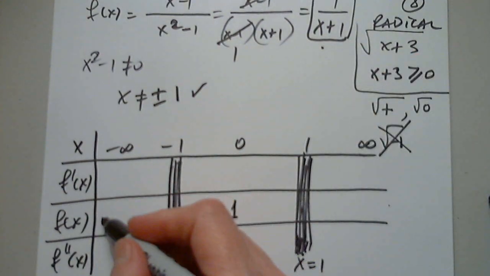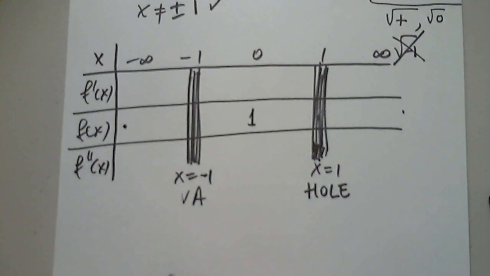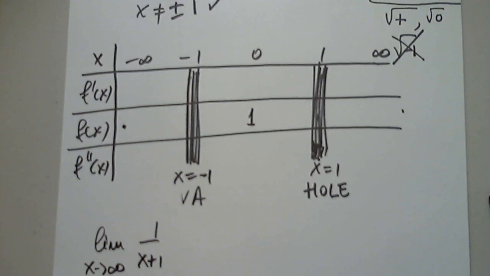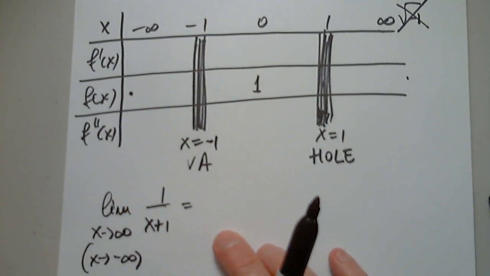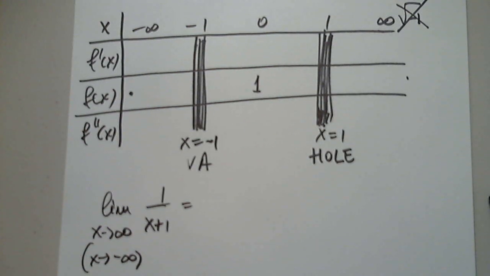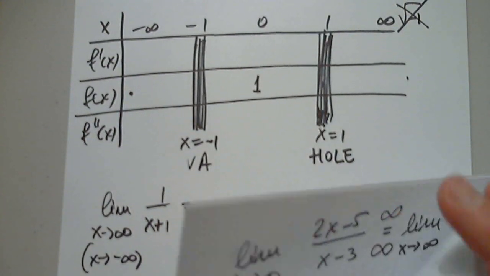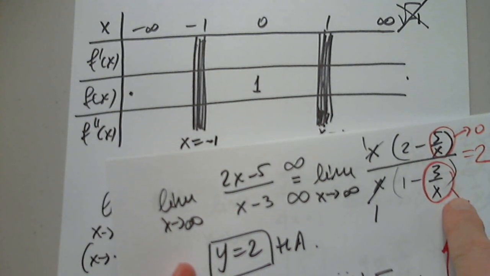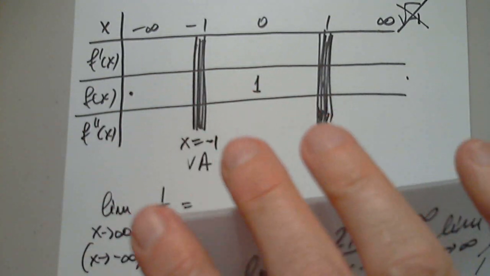I have to find these limits right here. So the limit as x approaches infinity of 1 over x plus 1, which will be the same as x approaches negative infinity. What do you think this limit is? Keeping in mind that x approaches infinity, what should this be? We had it several times today.